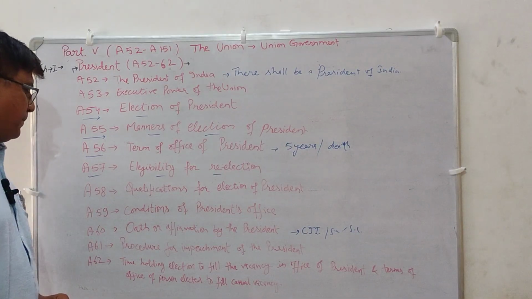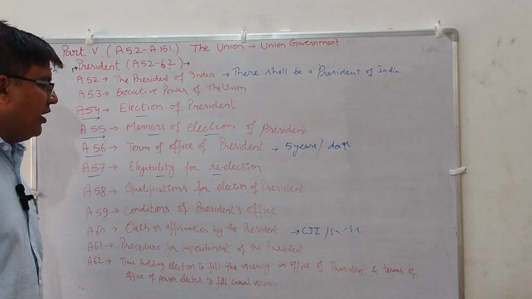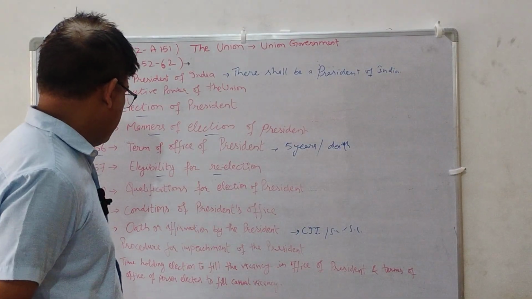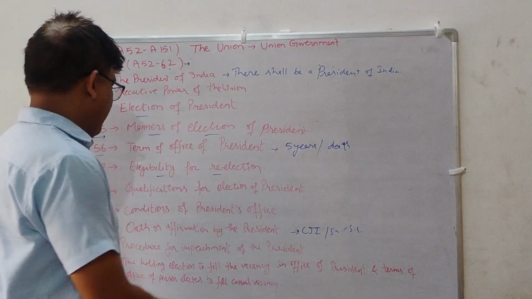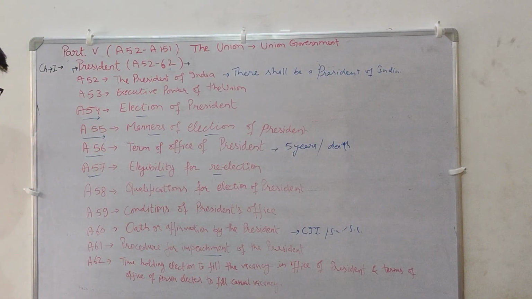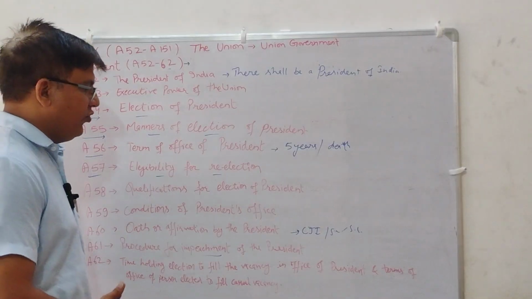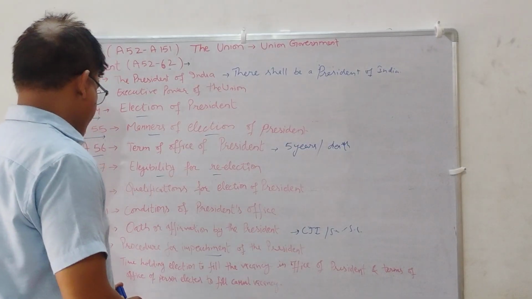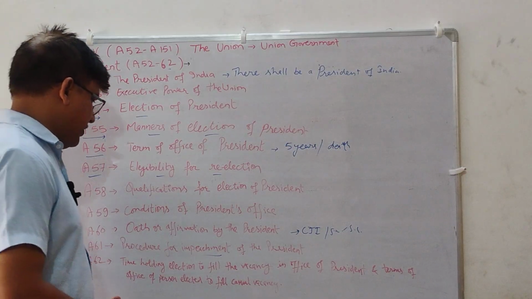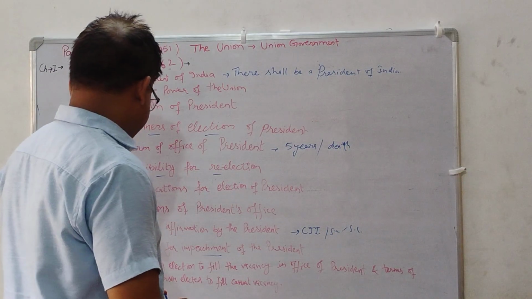Article 61, procedure for the impeachment of the President is given in Article 61. Article 62, time of holding election to fill the vacancy in the office of President and term of the office of the person elected to fill the casual vacancy.